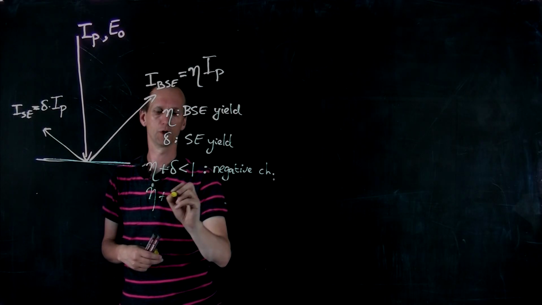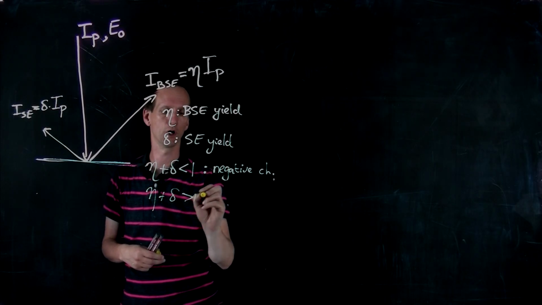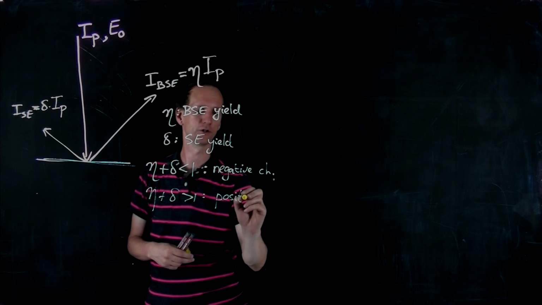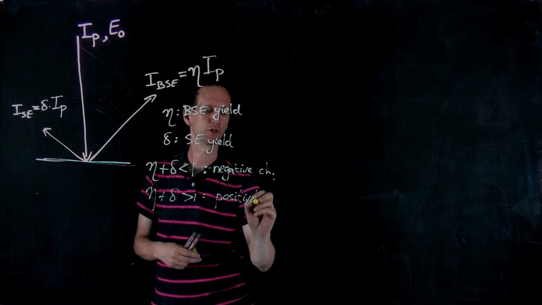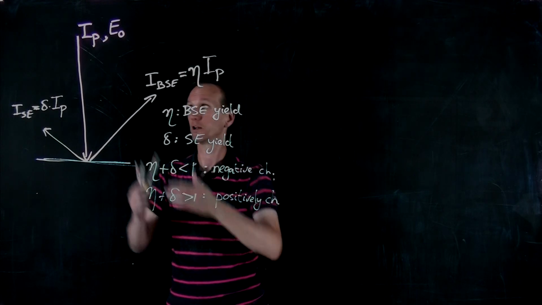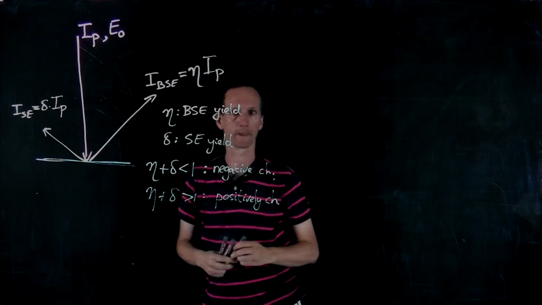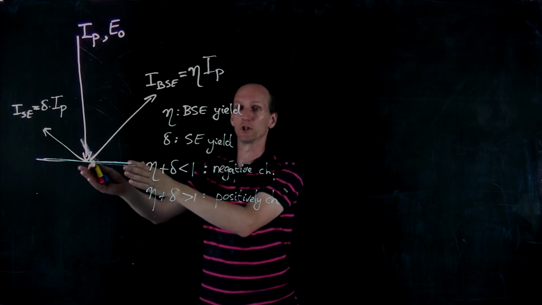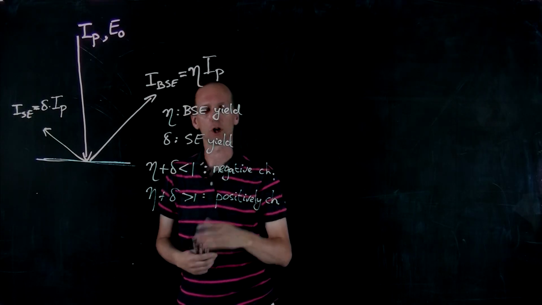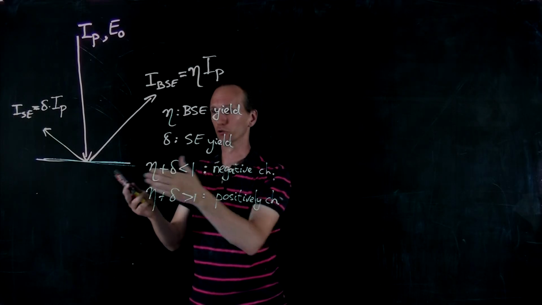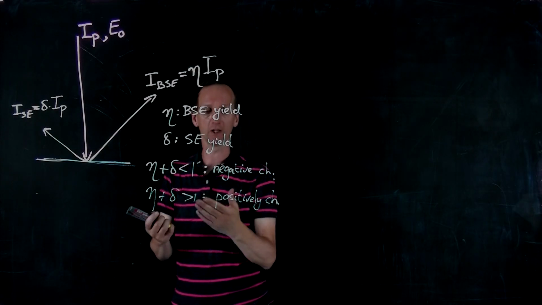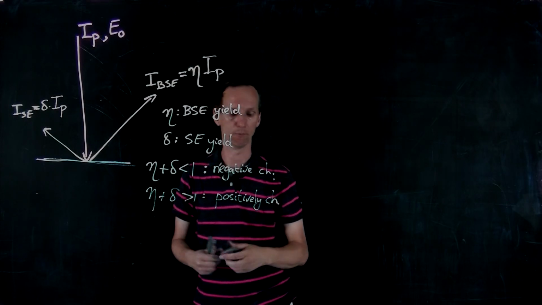If eta plus delta is larger than 1, the sample may positively charge, as more electrons escape from the sample than are injected. And again, if our sample is conductive, this imbalance will just be counteracted by a current going to or from the sample, and nothing net will happen. But if that's not the case, our sample may charge.